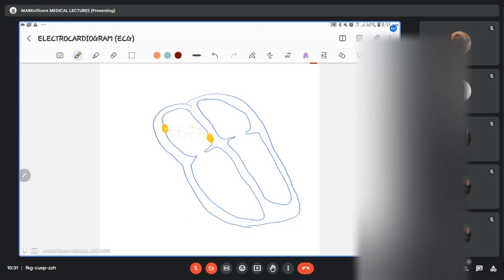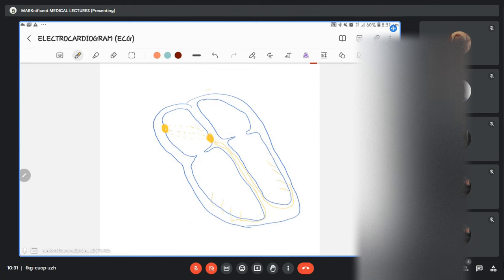Then you have the bundle of His coming this way. Left and right bundle of His. Then you have the Purkinje fibers extending this way. By so doing, the whole heart is getting that impulse.